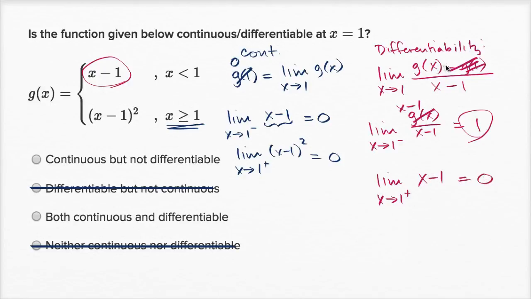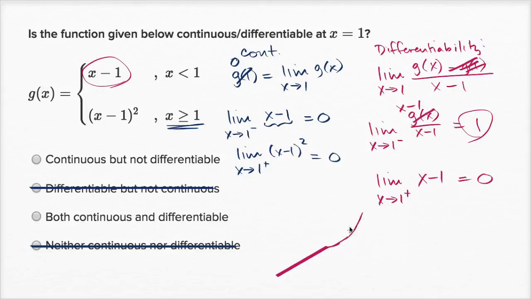And so notice, you get a different limit for this definition of the derivative as we approach from the left-hand side or the right-hand side. And that makes sense. This graph is going to look something like this: we have a slope of 1, and then right when x is equal to 1 and the value of our function is 0, it looks something like this.